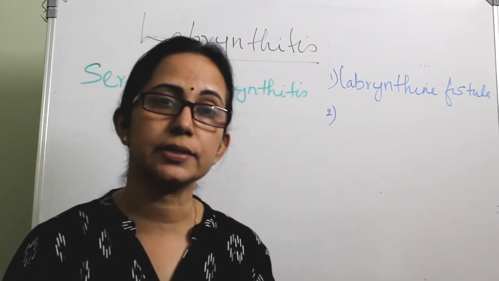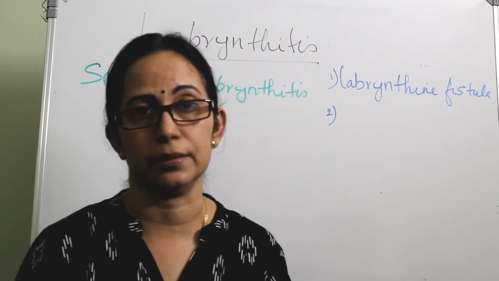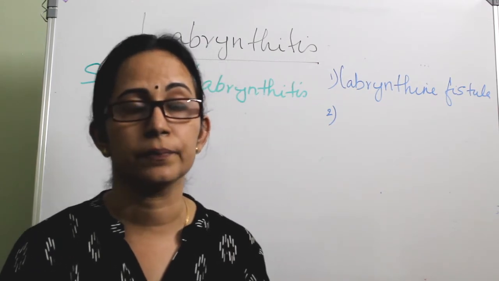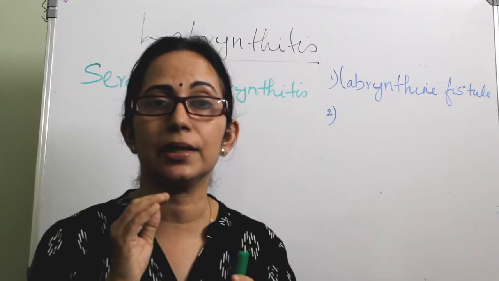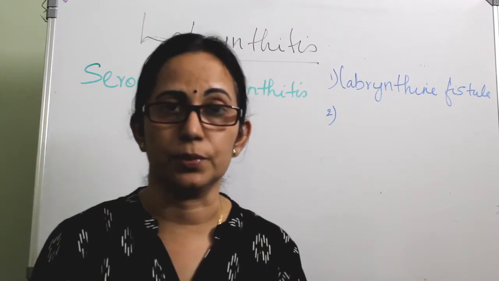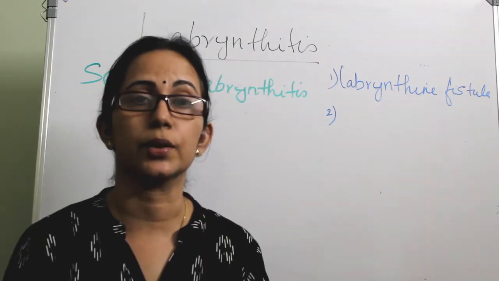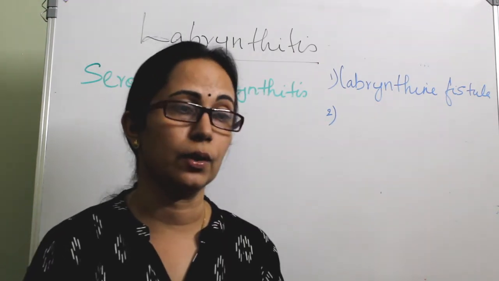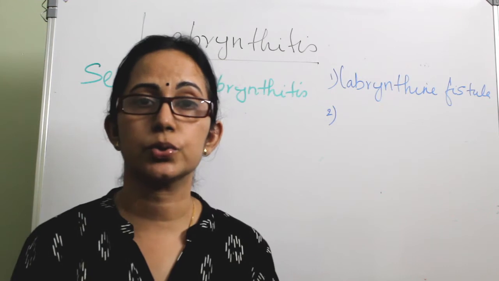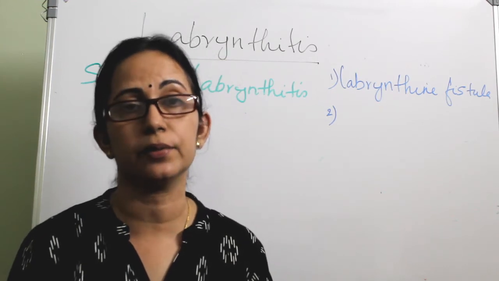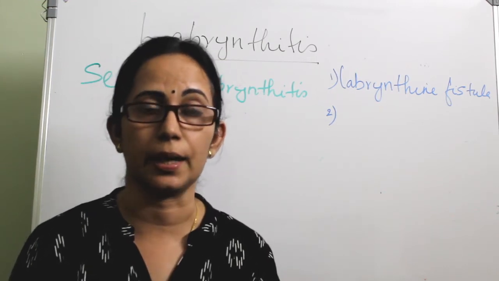There is no direct invasion of bacteria into the inner ear. So it is comparatively less damaging, and there is no permanent damage to the inner ear. It can happen as a continuation of acute or chronic otitis media, and also as a continuation of labyrinthine fistula.